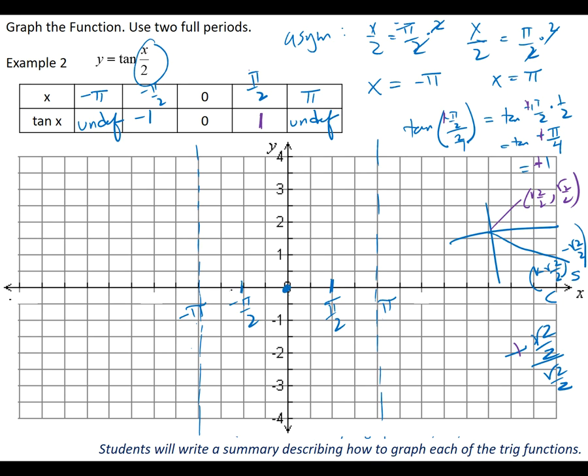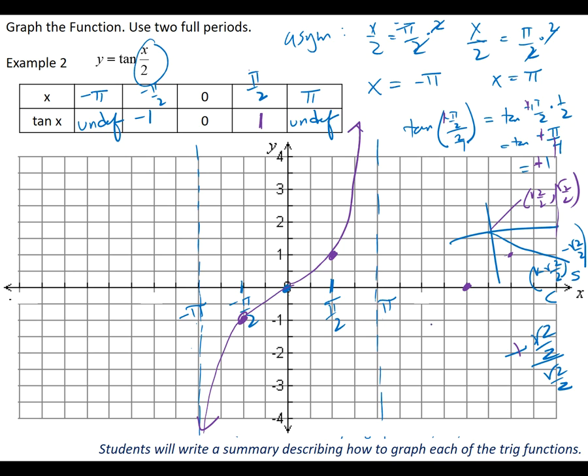Alright, so I'm going to plot those. I know that this one is at negative 1, pi over 2 is at positive 1. As close as I can, curve it upside down. As close as I can, curve it right side up. I don't have to go this way, do I?